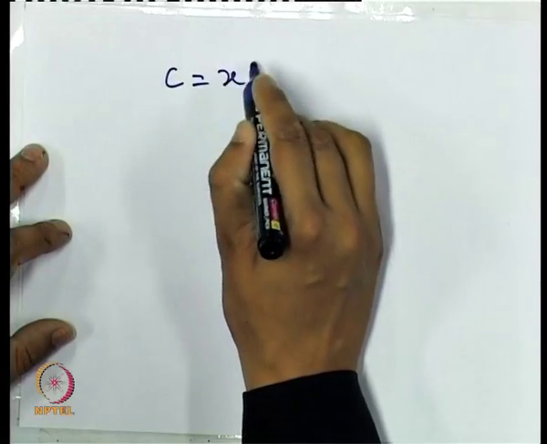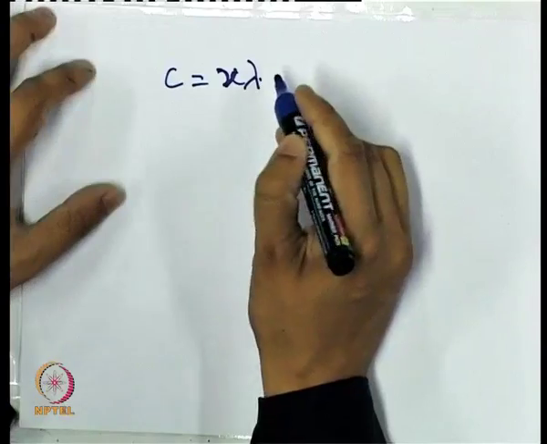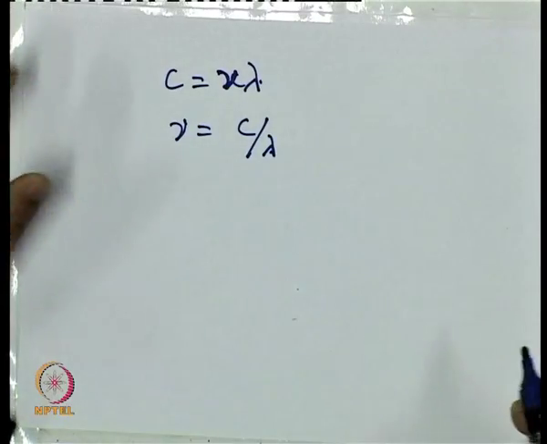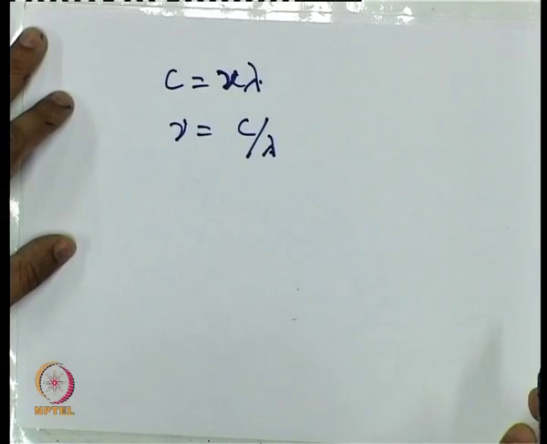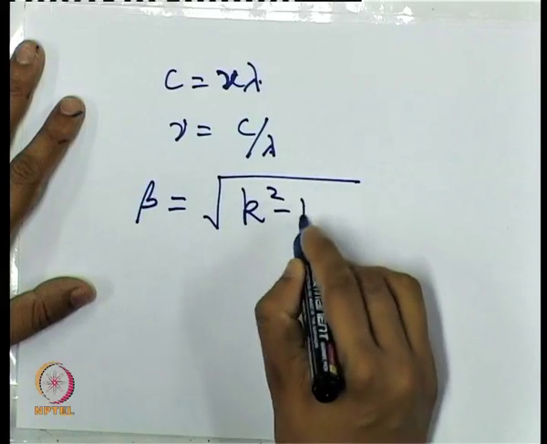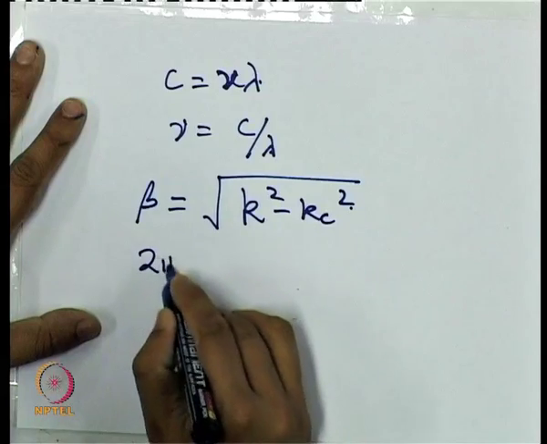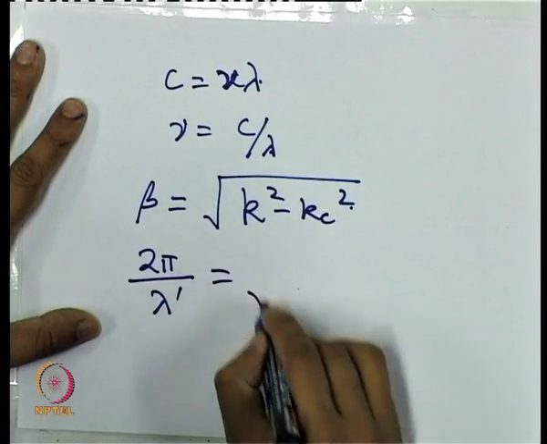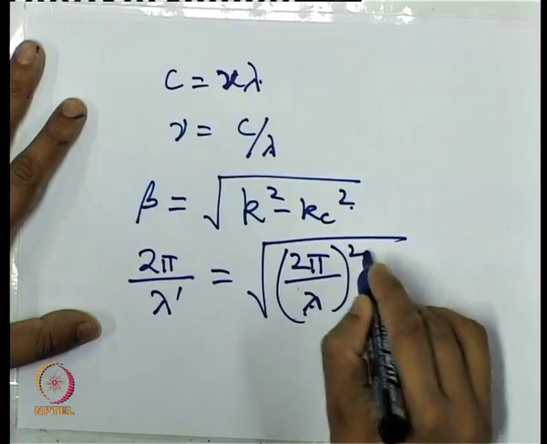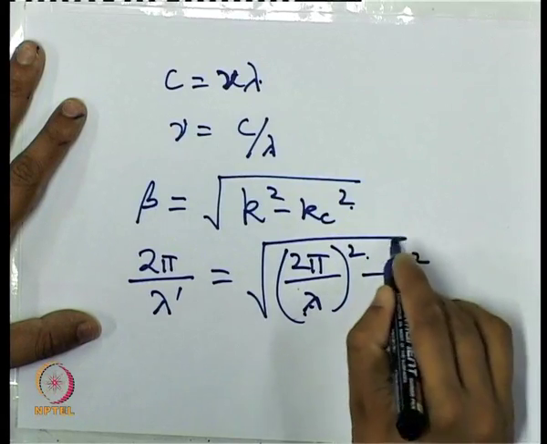Usually, as you know, suppose c is the speed of light, then we have c given by nu lambda, where nu is given by c upon lambda. So, nu and lambda should be inversely proportional to each other, but by this relationship beta is equal to square root of k square minus kc square, where beta is the apparent wavelength and k is the real inputted wavelength, related to the inputted wavelength by this relationship.